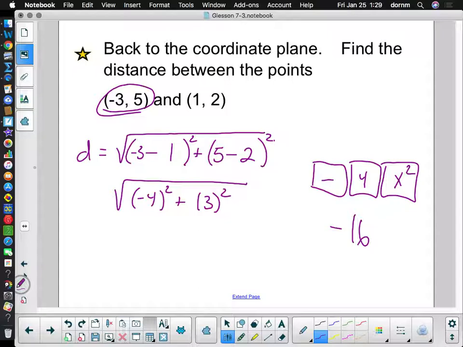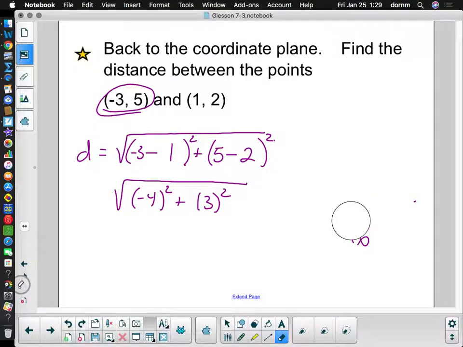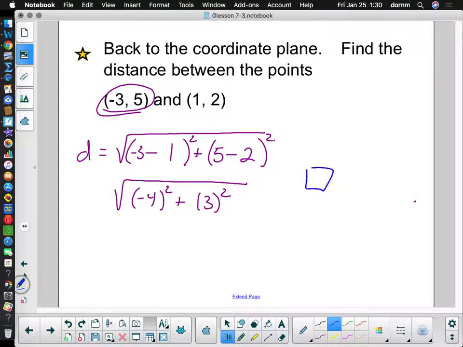Okay? So I know that negative, be careful if you're entering it in your calculator. If you're doing this in your calculator, you really have to enter parentheses, negative 4, parentheses, and then squared, to tell it to multiply negative 4 times negative 4, not negative 4 times 4.